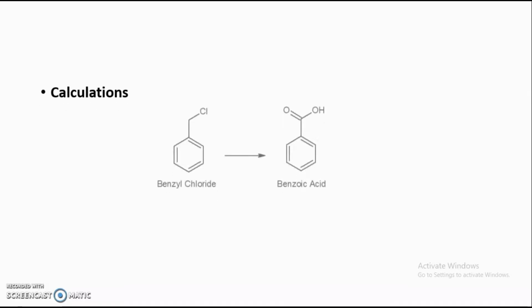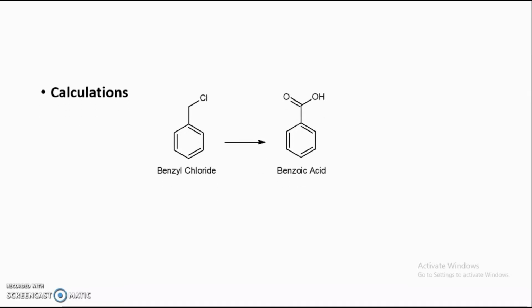Now, in this practical, in this reaction, we have utilized benzyl chloride and converted it into the benzoic acid. As we know, to calculate the theoretical yield and practical yield, we need to calculate the molecular weight of these compounds. So first we will convert it into molecular formula. Molecular formula of benzyl chloride is C7H7Cl, and molecular formula of benzoic acid is C7H6O2.